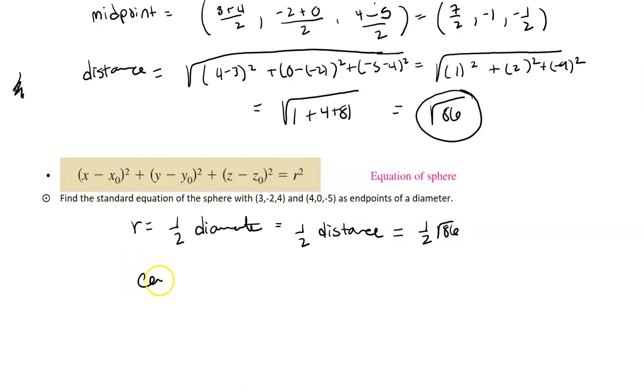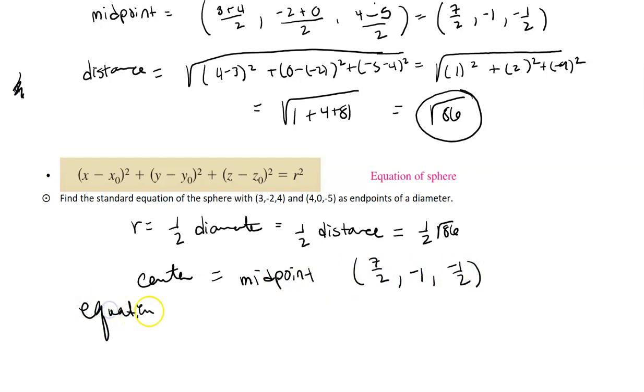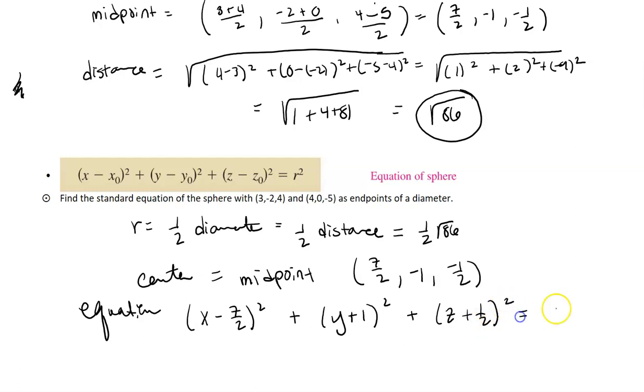And the center is the midpoint, which we also just found in the last problem for these 2 points, 7/2, -1, and -1/2. So the equation would be x minus 7/2 squared plus y minus -1 squared plus z minus -1/2 squared equals 1/2 times the square root of 86 squared.